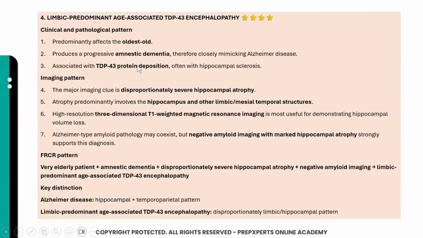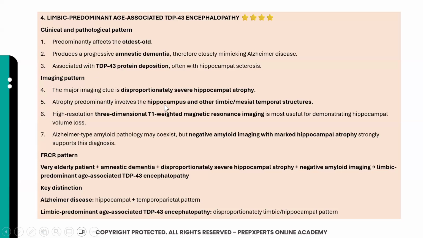Coming up next is your limbic predominant age-associated TDP-43 encephalopathy, which is also called LATE. This is basically dementia, and the patient should be of very old age, 70 plus, or even in the 80s. It affects the old, with progressive amnesic dementia, closely mimicking Alzheimer's. The protein is TDP-43.